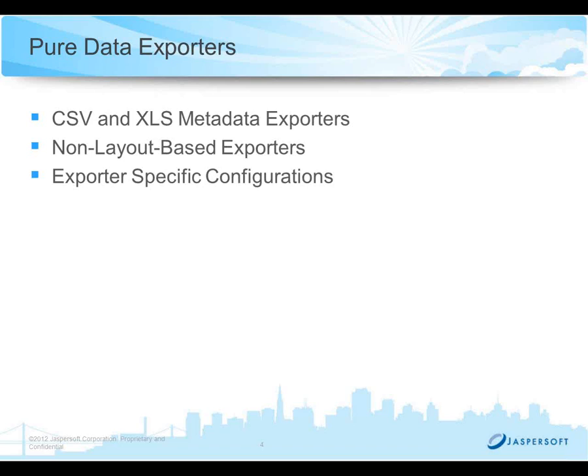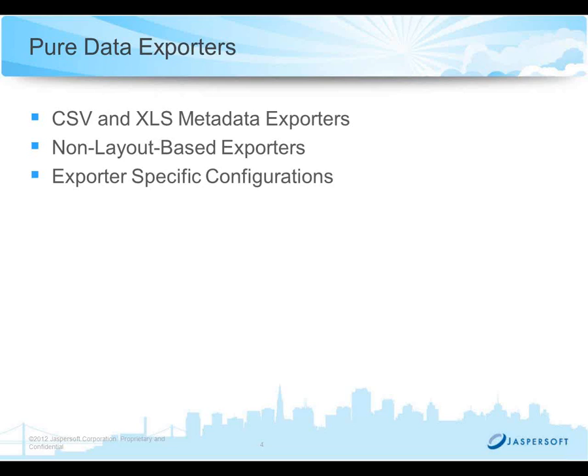And amongst the most popular are the ones that produce Excel documents and CSV. This is because Excel in general is still very popular today. People still like to use Excel to view their documents and their reports and further manipulate the data.